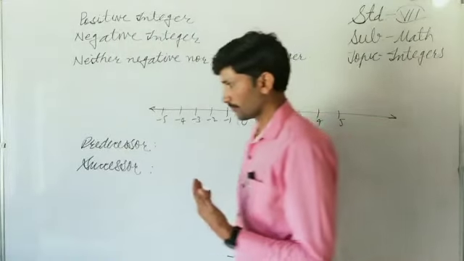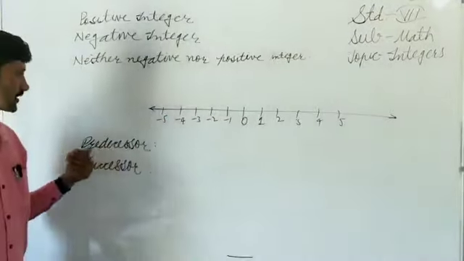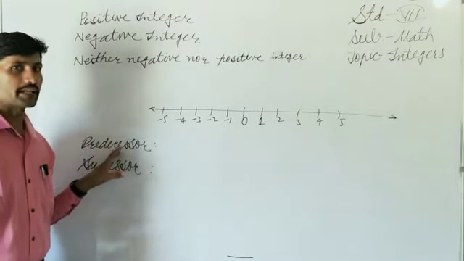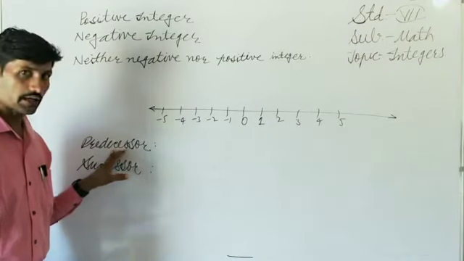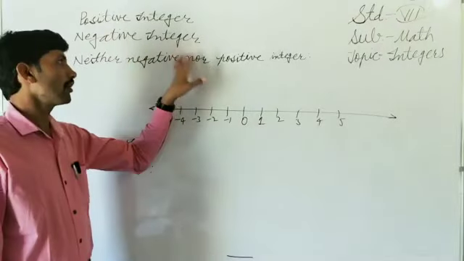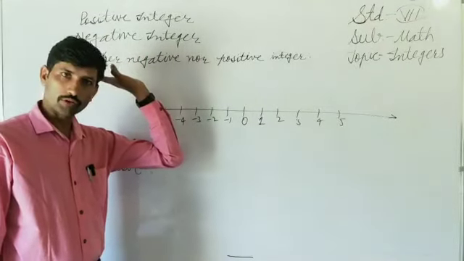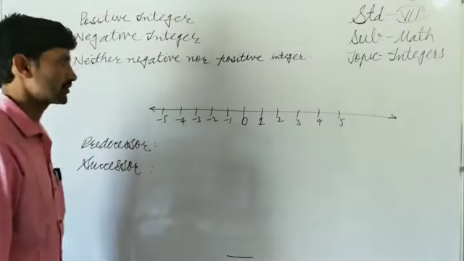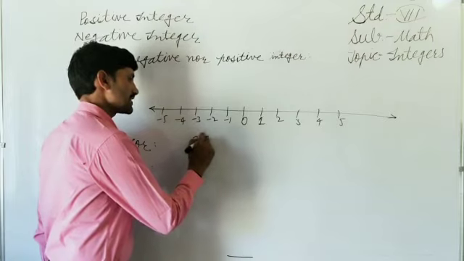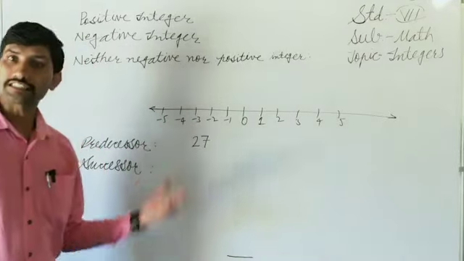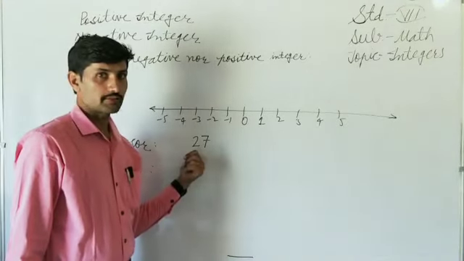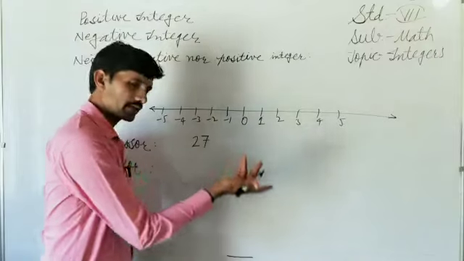From the early classes, 6th standard, 5th standard, 4th standard, we know what a predecessor and a successor of a number are. Here we will talk about integers. There we were talking about whole numbers and natural numbers. If I write 27 and ask you its predecessor, it is very easy: 1 less than 27 is what?